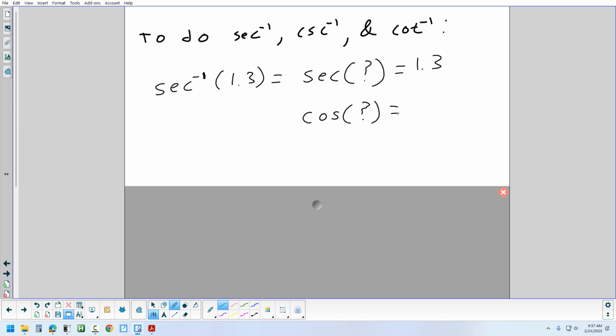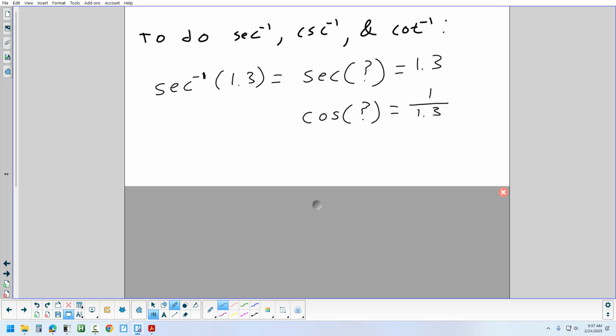No, we didn't say anything about making a number negative. That's not the connection between them. Is it 1 over? It's 1 over 1.3. Okay.